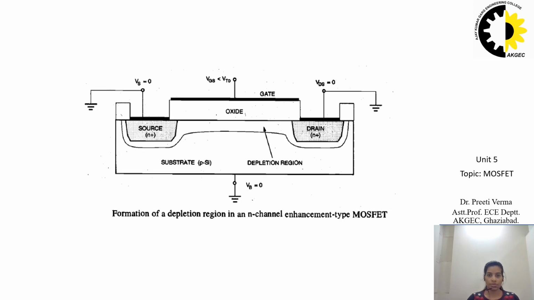Formation of depletion region in an N-channel enhancement type MOS. Now we will see how a MOS transistor will behave if we bias it externally. As we have seen during the study of the MOS capacitor's capacitance-voltage characteristics, we have seen the effect upon the charge carriers when we apply the gate voltage.